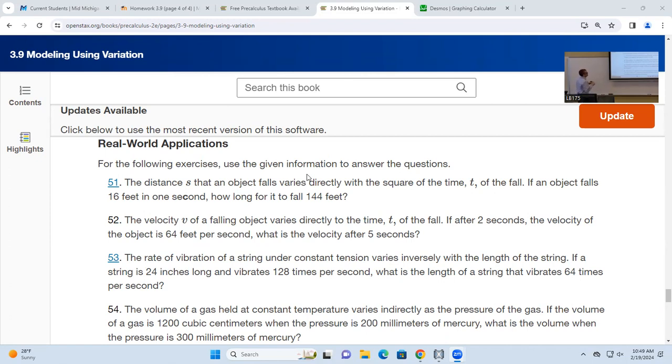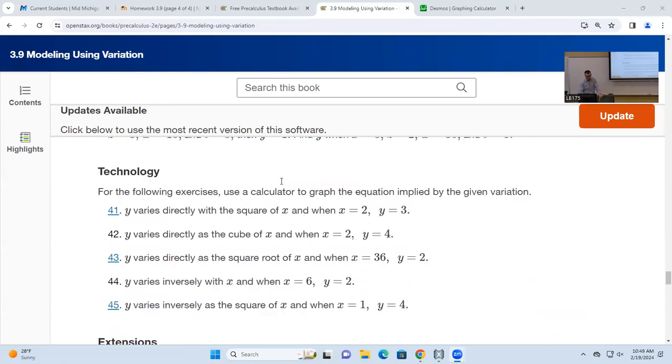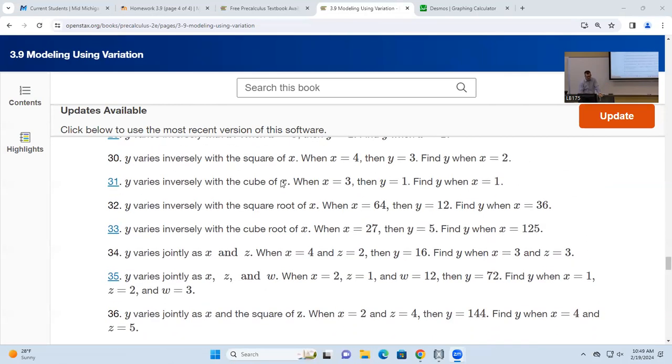And I'm in the problems section. There's lots and lots of problems if you want to try these. Like number 32 says y varies inversely with the square root of x. When x is 64, then y is 12. Find y when x is 36.